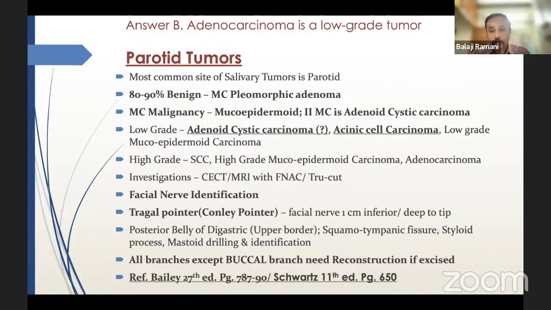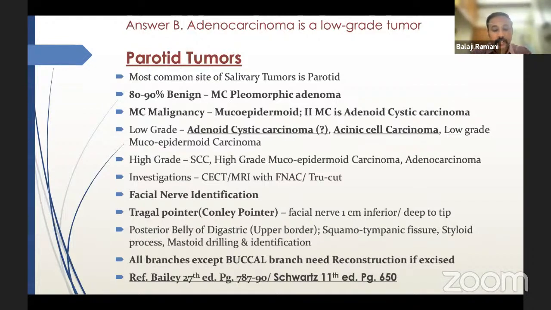So whenever you have a deep lobe tumor, the minimum management is a total conservative parotidectomy. So when will you remove the facial nerve? Facial nerve resection is called a radical parotidectomy. What is the indication? When will you do a radical parotidectomy? Yes.